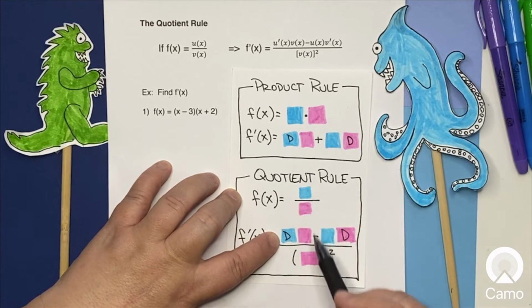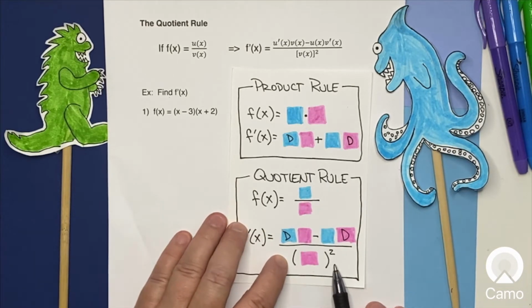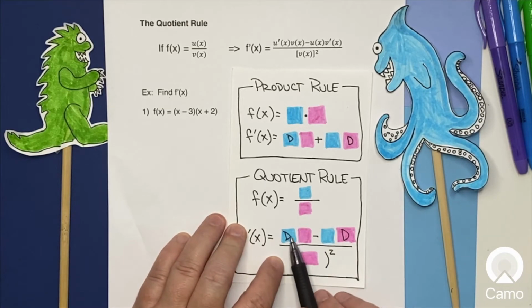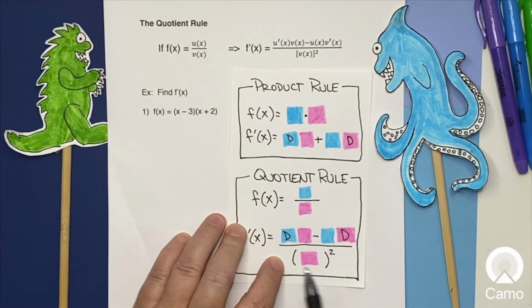So big difference there. And then the other thing that happens is the denominator just doubles down. So you take turns, the derivative of the top times the bottom, the top times the derivative of the bottom, but then down in the denominator, you square whatever was there. So it gets way worse.